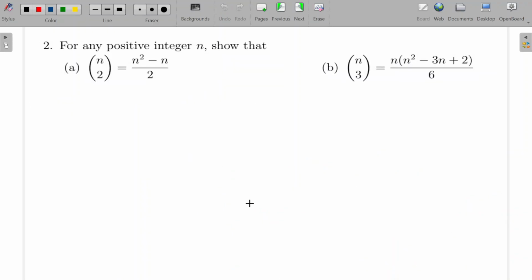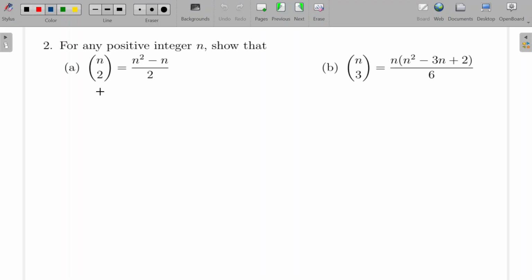Okay, so our second question for today, we are being asked, for any positive integer n, show that this equals this. So they want us to show how.